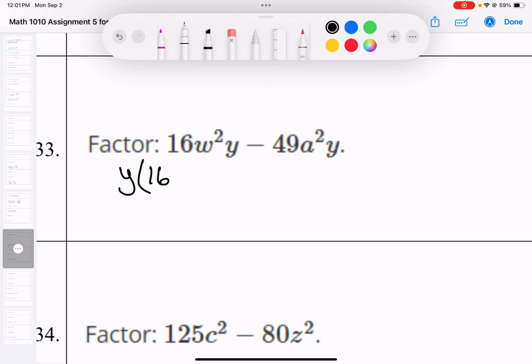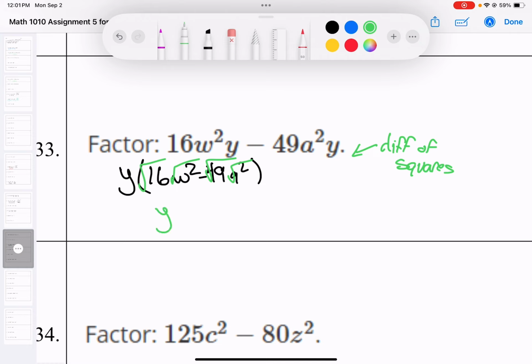That was 16w squared minus 49a squared. And then you can actually take the square root of all of these things. So this one is a difference of squares. So I got y and then 4w, and the square root of 49 is 7, so plus 7a, minus 7a.